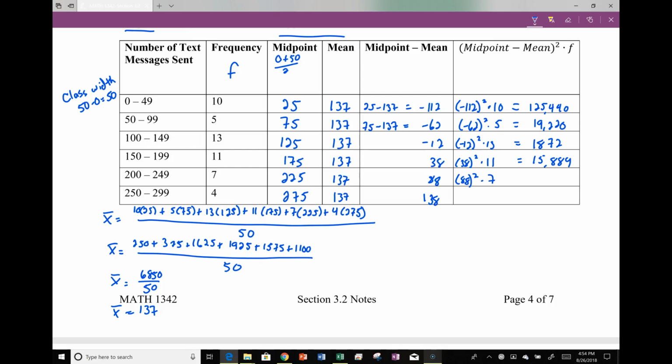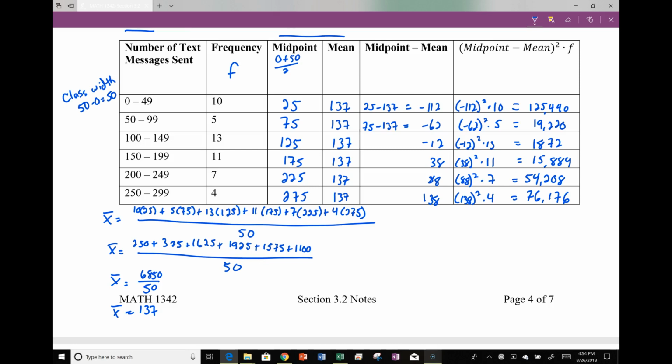So 88 squared is 7,744. Multiply by 7. That gives me 54,208. 138 squared times 4. So 138 squared is 19,044. Multiplied by 4 is 76,176.